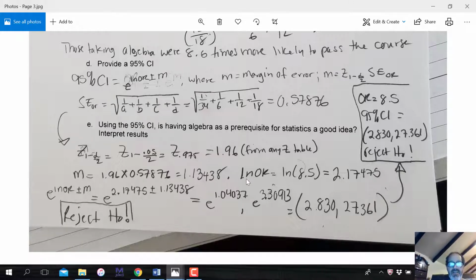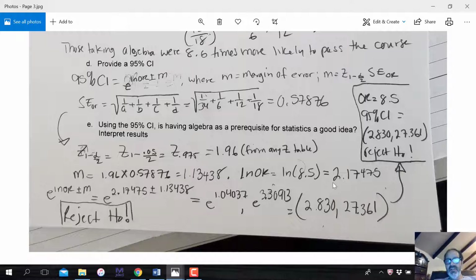1.13438. The reason we have to raise it here is because we have to bring it out of this natural log form and bring it back into a non-log form. So we take the natural log of the odds ratio, which is ln, stands for natural log. So now the odds ratio is not in natural log form, but we're going to convert it into natural log form, which will give us the log odds.